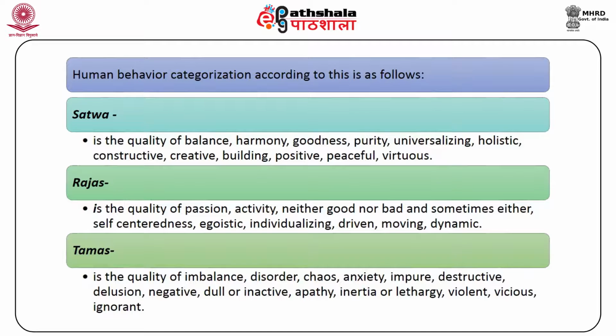Sattva is the quality of balance, harmony, goodness, purity, universalizing, holistic, constructive, creative, building, positive, peaceful and virtuous. Rajas is the quality of passion, activity, neither good nor bad and sometimes either, self-centeredness, egoistic, individualizing, driven, moving, dynamic.